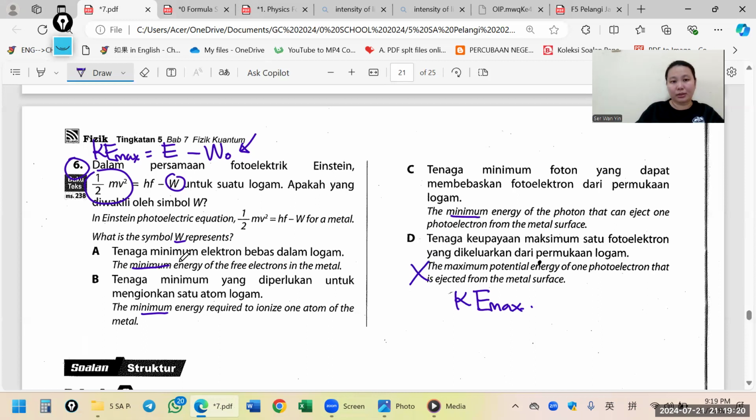So is it the minimum energy of a free electron in the metal?